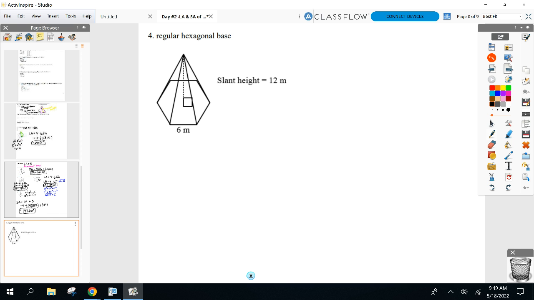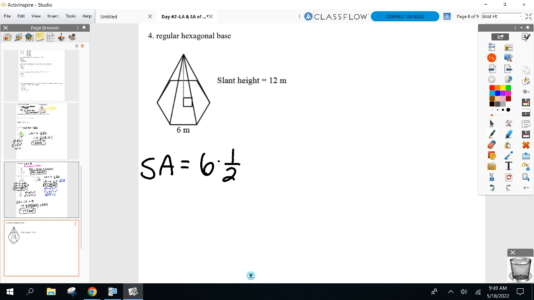First thing, surface area. All right, now how many triangles am I working with? 6 now. Everyone, yes? Not 4 anymore, 6. 1/2.